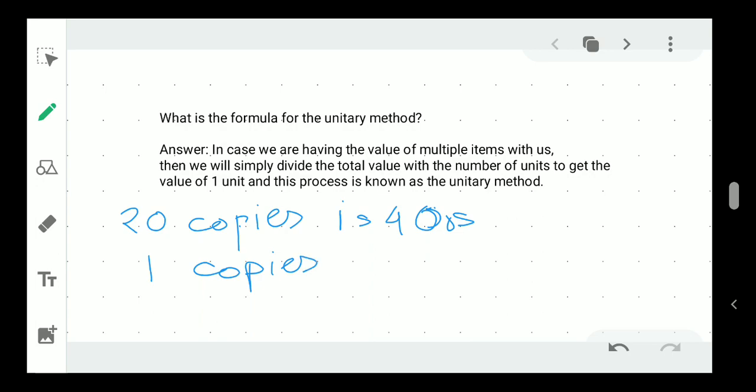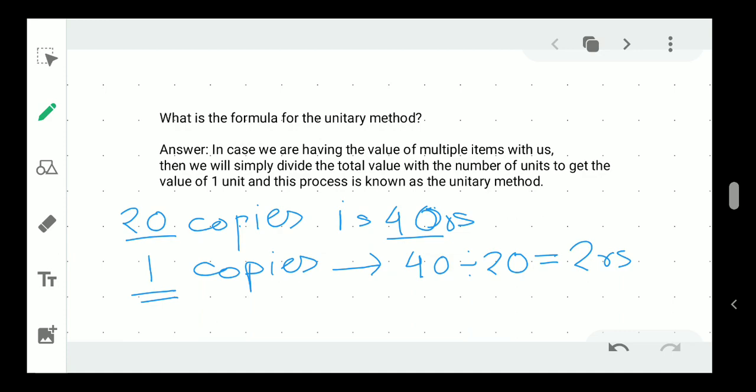We know that to find the price of one copy, we have to divide 40 by 20. So we will write 40 divided by 20, that is 2 rupees. So per copy it is now 2 rupees.